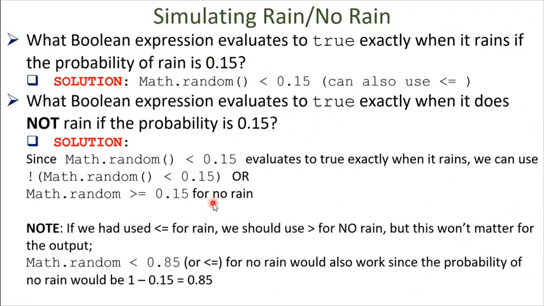So the last 2 examples here were just simulating rain versus no rain, right? So here we have to say what's the probability that it will rain. So let's just assume it's 0.15, right?